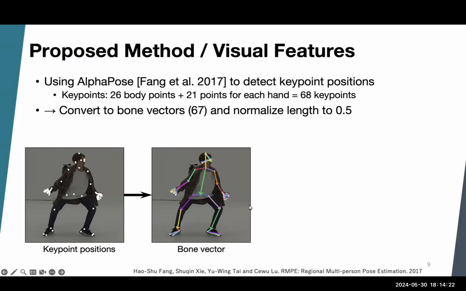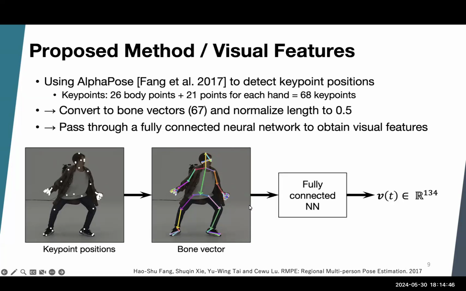By converting the key point positions into normalized bone vectors, we can reduce the influence of the dancer's physique and the camera angle. The bone vectors have 2 elements, x and y, so the entire bone vector is 67 multiplied by 2 equals 134 dimensions.